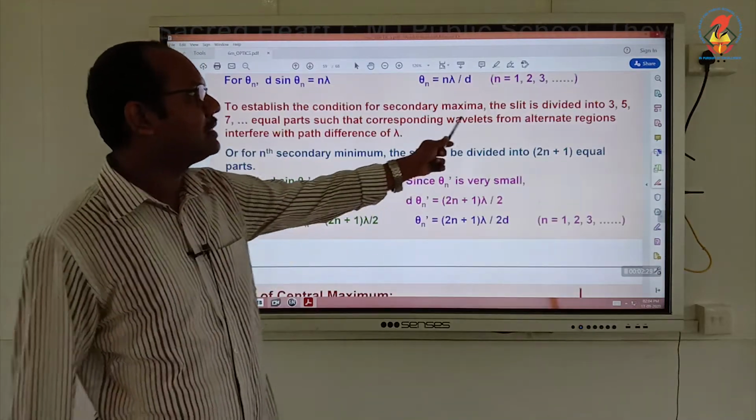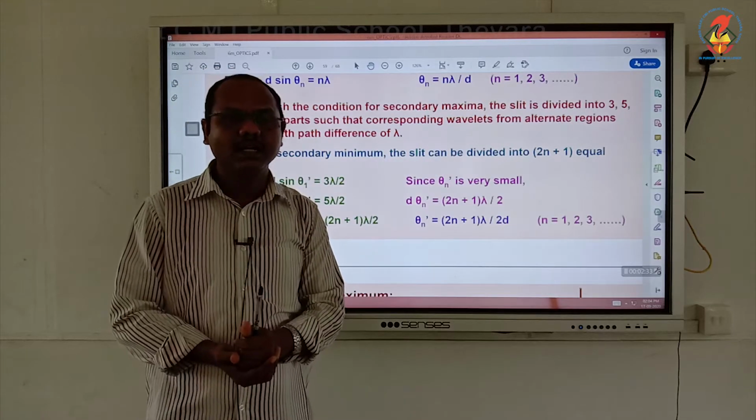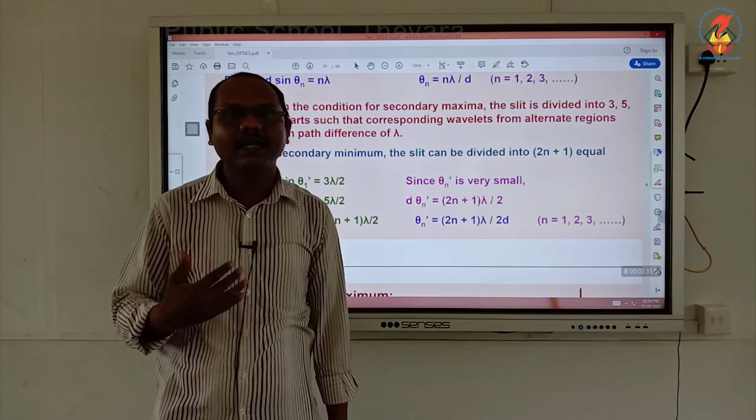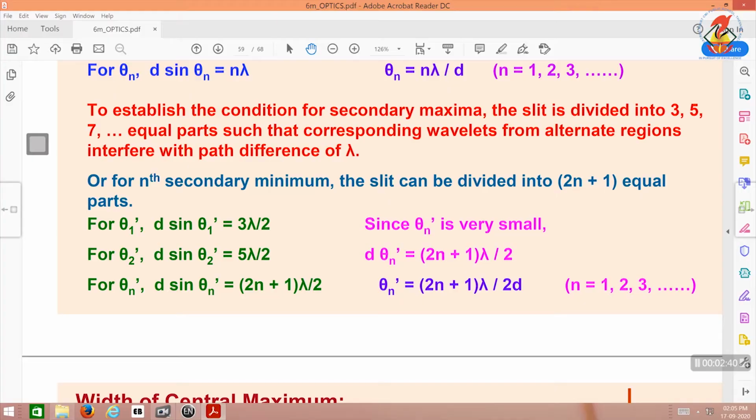We told if the slit is divided into 3 parts, 5 parts, 7 parts, etc., in all those cases we are getting secondary maximum. So for nth secondary maximum, I can think like this: the slit can be divided into 2n plus 1 equal parts.